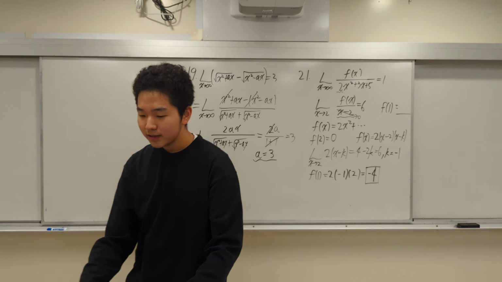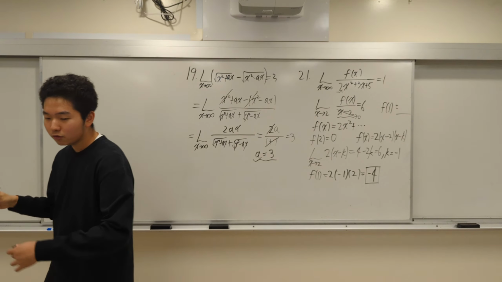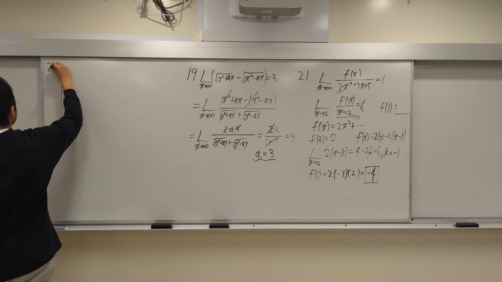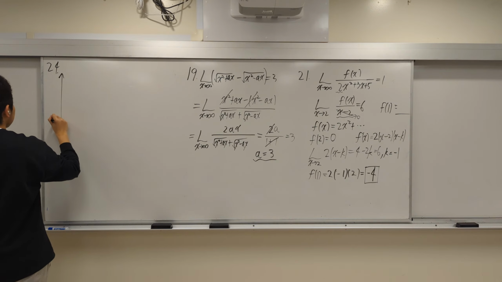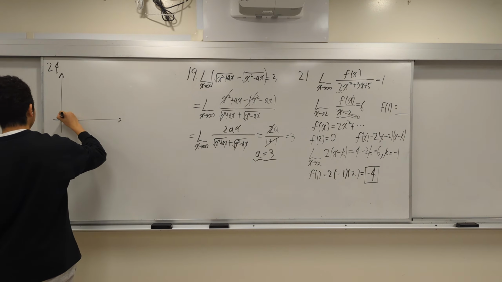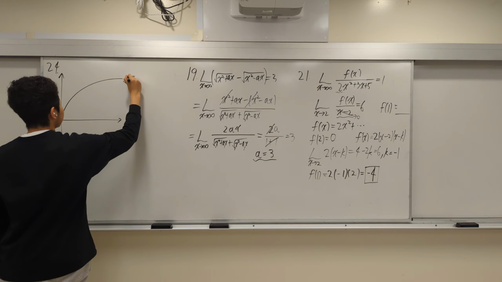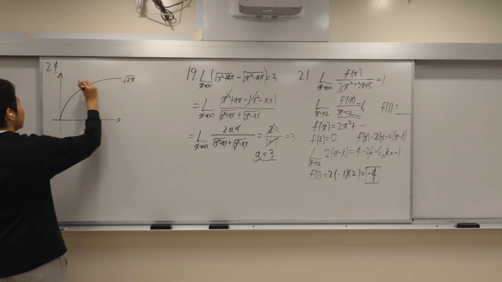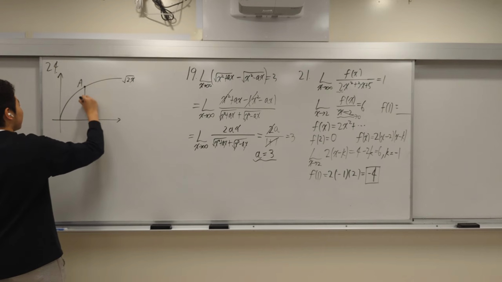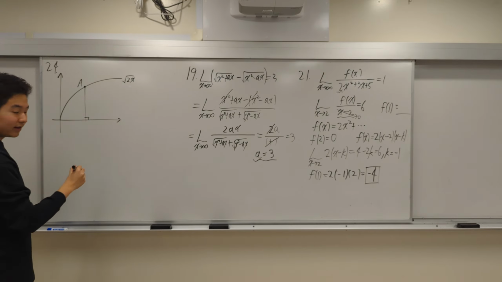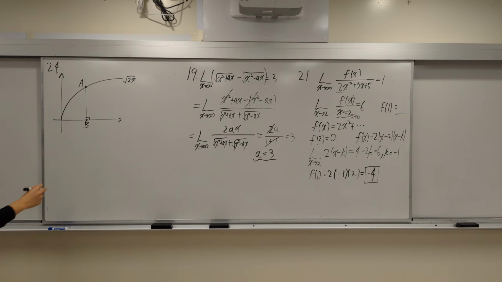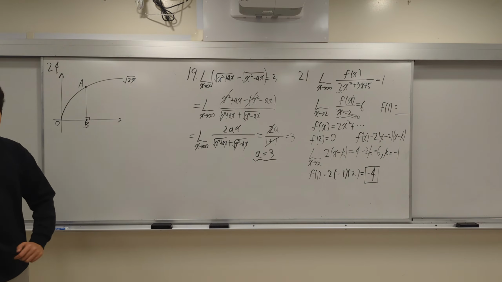So the situation here is that we have y equals square root of 2x. And we have a point A on that curve. And then we're going to draw a perpendicular line down, and that foot is B. And then we have the origin point O. And what are we trying to find?